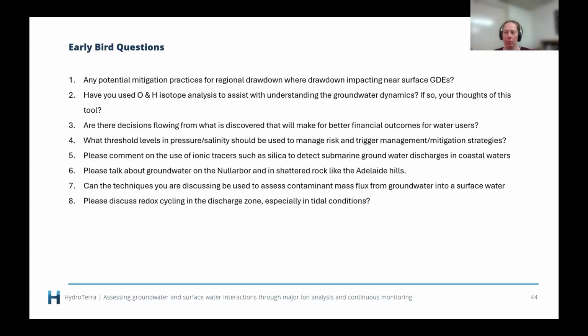So threshold levels, whether you're talking pressure, salinity, or other specific contaminants or parameters, that's really got to be a site-specific question and really reflect the source or the contaminant or the issue, and then the receptor or thing that you're trying to prevent or manage risk to. As I've highlighted throughout this presentation, there's benefits of telemetry in that you can have trigger levels defined and then you get alerts in real time, which can help with that.